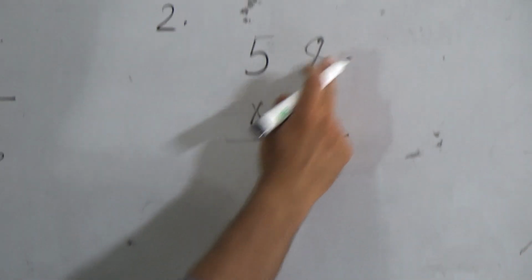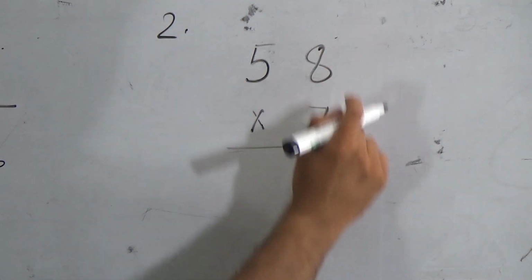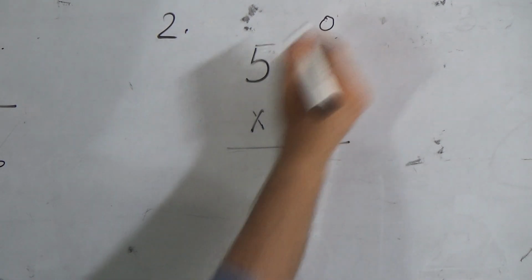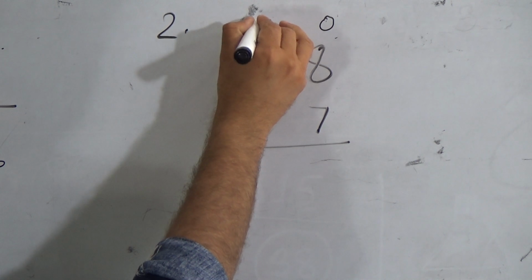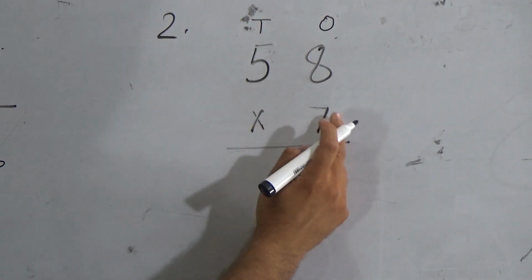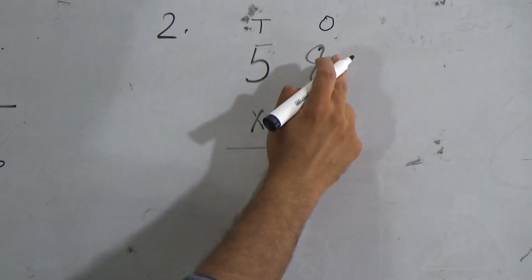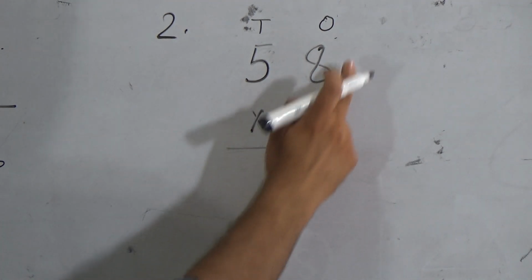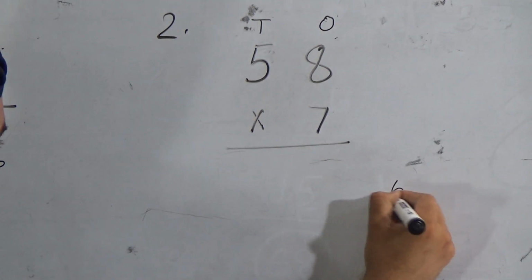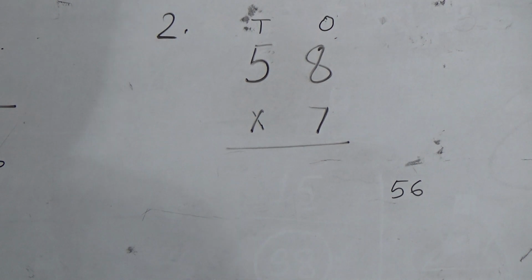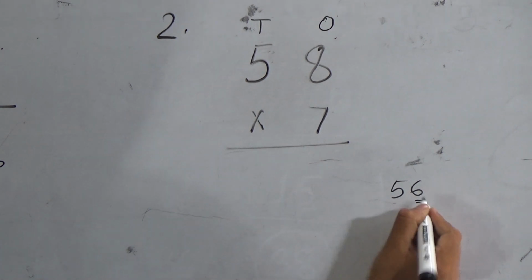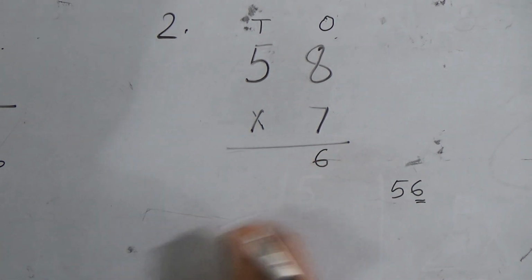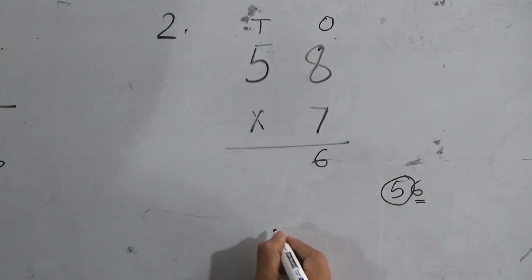Here 58 times 7. 8 and 7 are in the 1's place, 5 is in the 10's place. So you have to multiply 7 and 8. Do you know what 7 8s are? Yes, 7 8s are 56. Here 6 will be here and you carry 5.